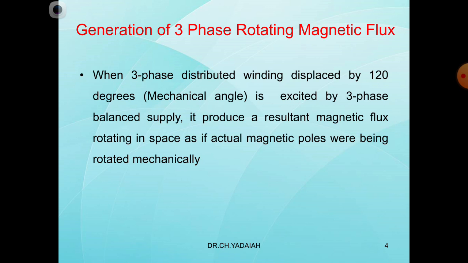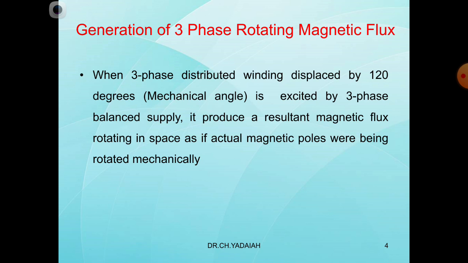Then Ns is equal to 120 into 50 divided by 4, and we get nearly 1500 RPM. So a 1500 RPM rotating magnetic field rotates in the air gap due to the three-phase supply to the stator.